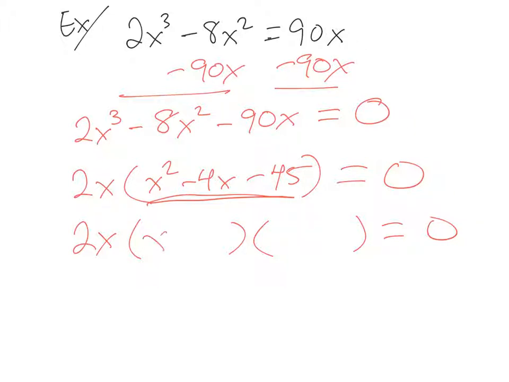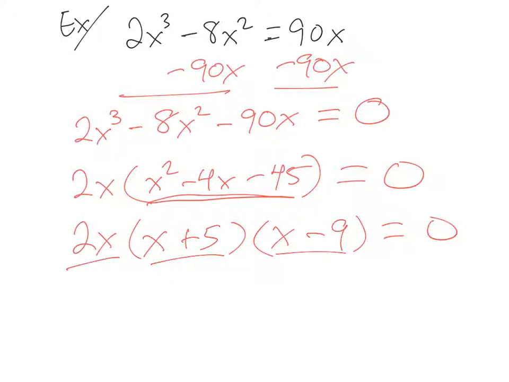So we get x, and some of us are getting really fast at this. Anybody know the two factors? Yes. Good. 5 and negative 9. What do we always do now that we found our factors? You set them equal to 0. Write that down.